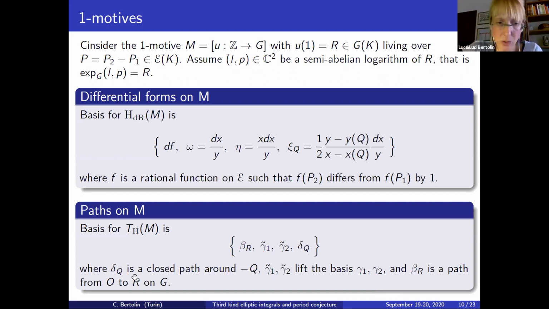Then I take delta_Q, a closed path around minus Q, and beta_R, a path from 0 to R on G. Now I have a basis for the differential forms of M and a basis of loops on M, sorry, that we have constructed.